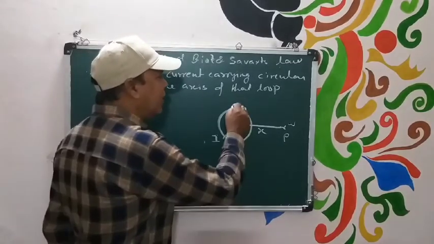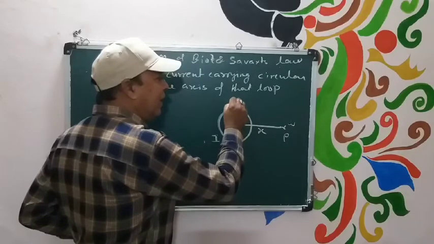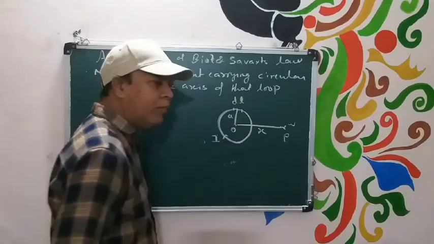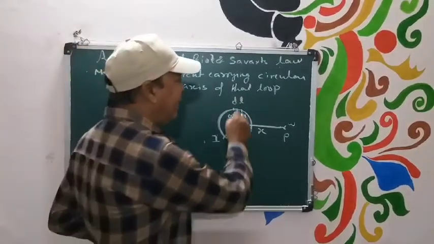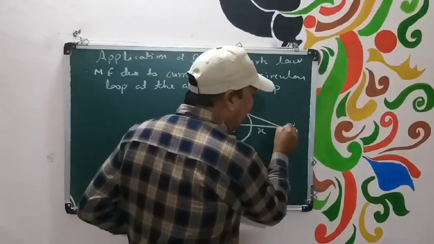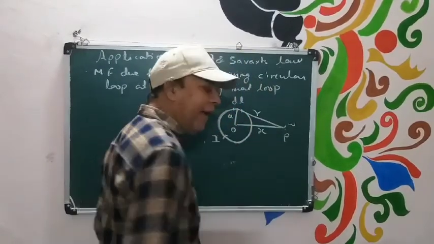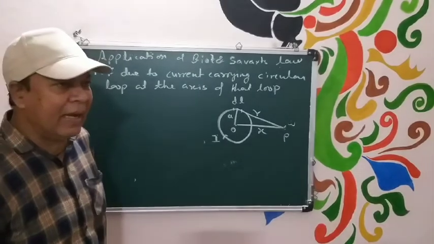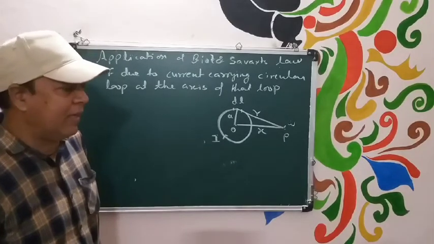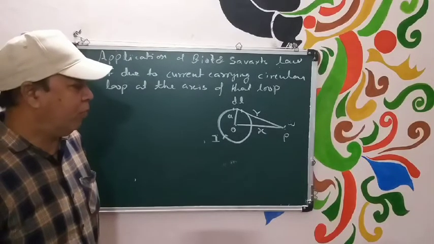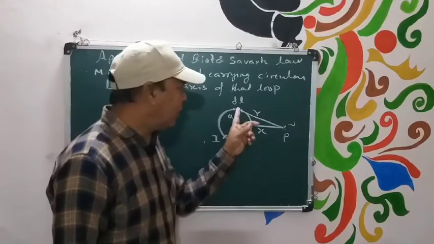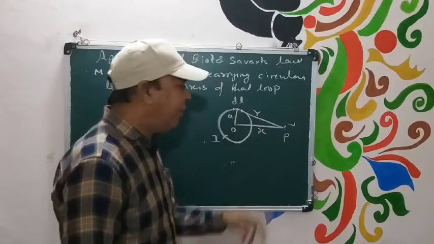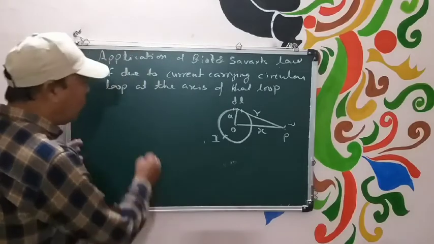Now if you consider one small element dl on the loop. So let point P may be r distance away from the loop. Point P कैसा है? It is r distance away from the loop. Obviously, for this small element dl, we may apply Biot and Savart's law.